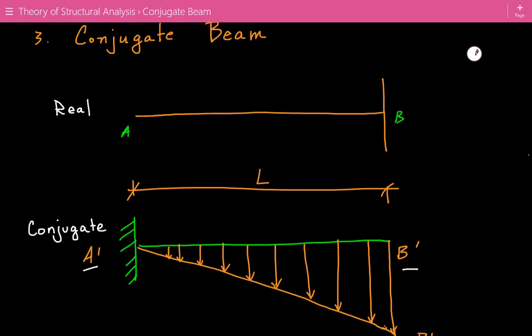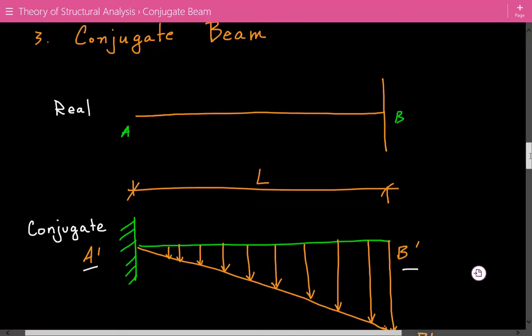For each support condition, whether it's fixed, pinned, roller, or free, there's a real condition and a conjugate condition. You can find a chart for this in your structural analysis book, showing the real case and the corresponding conjugate case.